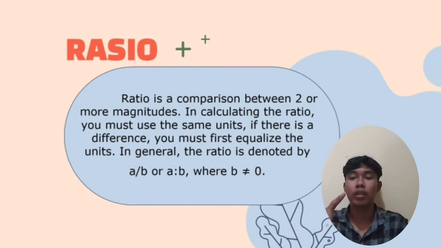If there is a difference, you must first equalize the units. In general, the ratio is denoted by A out of B or A colon B, where B is not equal to 0.